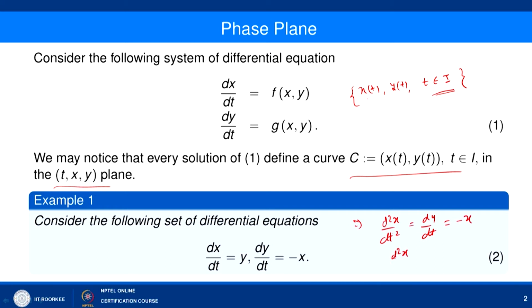So d²x/dt² + x = 0, and we know the solution: x(t) = c1 cos t + c2 sin t, and similarly we can find y(t) as -x(t), which is nothing but c1 sin t - c2 cos t.